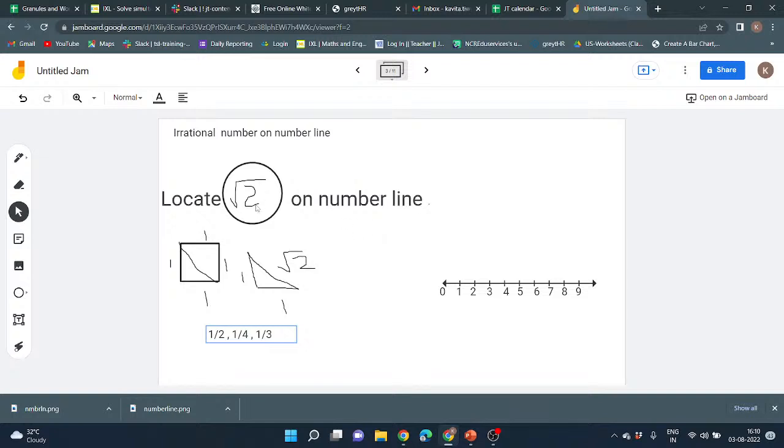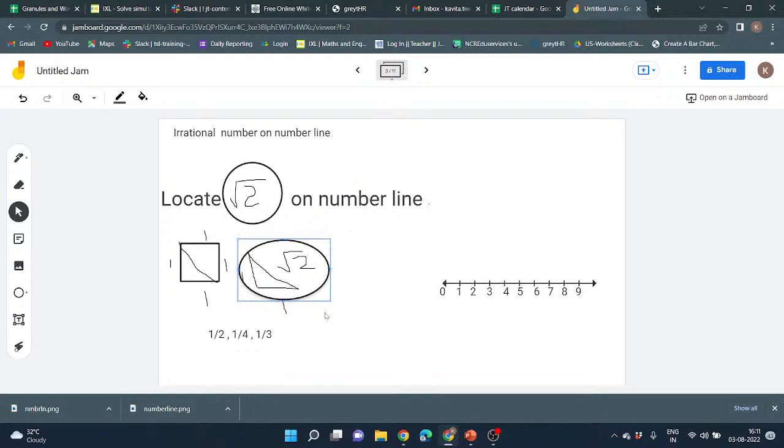If we are going to locate root 2 on a number line, let's take a square whose side length is 1 unit. If we draw a diagonal in this square and then partition it, it will become a right angle triangle like this. This is a right angle triangle whose perpendicular and base are of unit length.